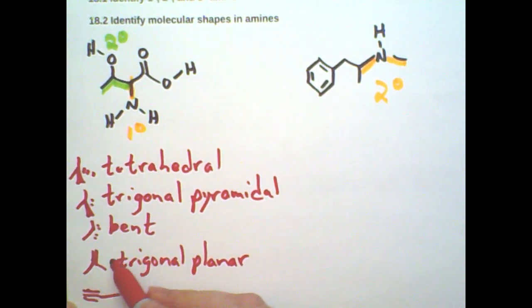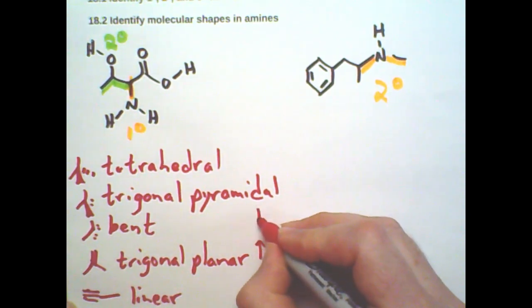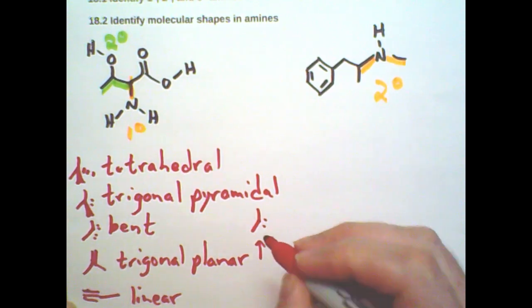Now I've left out one. Trigonal planar can also give us bent if we go this way and put one lone pair.